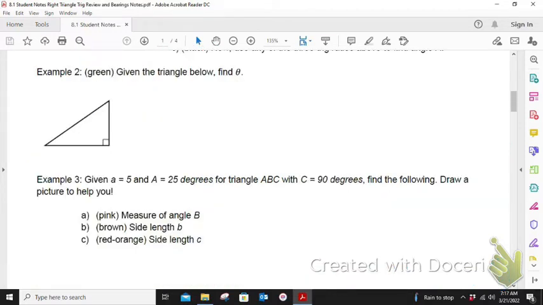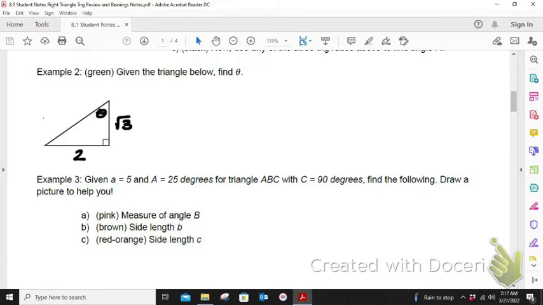So let's go ahead and look at example 2. Let me go ahead and put our markings there. You should have a theta right here, a √3, and a 2. And they want us to find theta. So what ratio... What 2 sides did they give us?